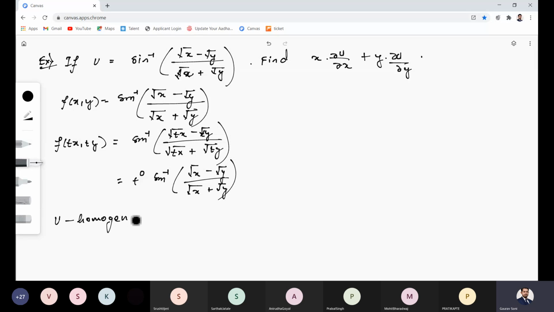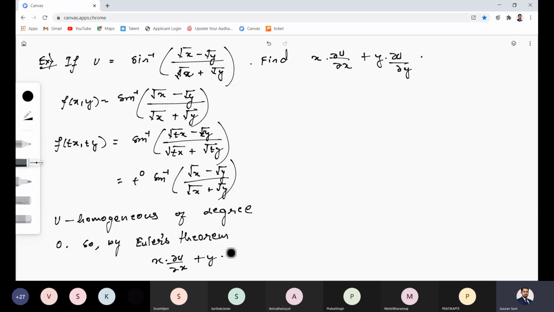So u is homogeneous of degree 0. So by Euler's theorem, x into u with respect to x plus y into u with respect to y will be equal to 0 into u.